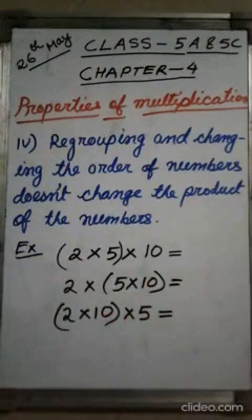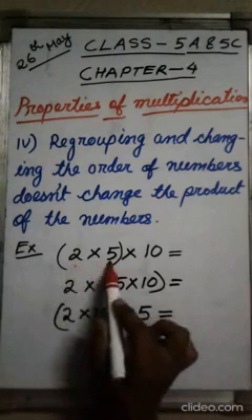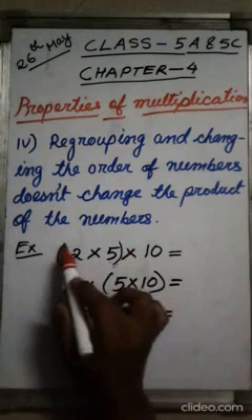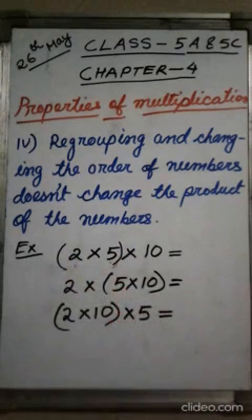Property number 4: regrouping and changing the order of numbers doesn't change the product of the numbers. So we have three numbers, 2, 5 and 10. First, we have grouped 2 and 5. With one bracket, we can group the numbers.